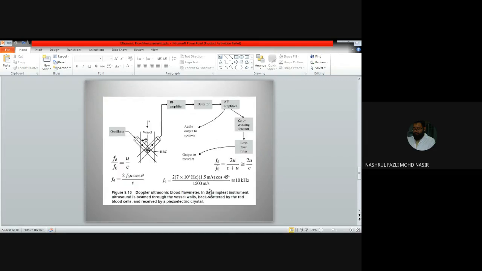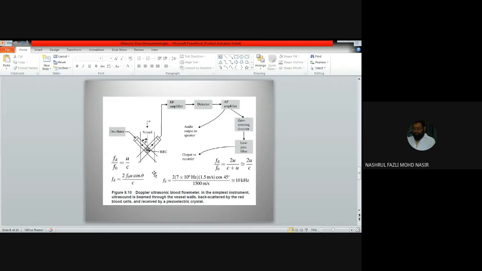This is the block diagram of your flow meter. You have the probe and the oscillator, then the RF radio frequency amplifier, which detects the oscillation, and then you have an AF amplifier, a zero crossing detector, then the flow processor, and then the recorder.